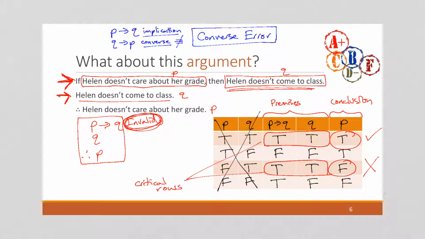So similarly, this argument uses the same idea as the converse, and it turns out that this is invalid. It will sometimes be valid, right? That's what this true conclusion means. It sometimes will work, but it can't be guaranteed to always work. So this is not a valid logical form. This is an invalid argument.